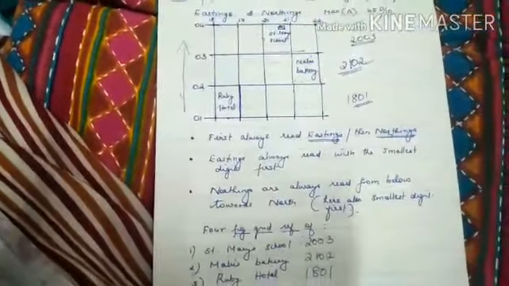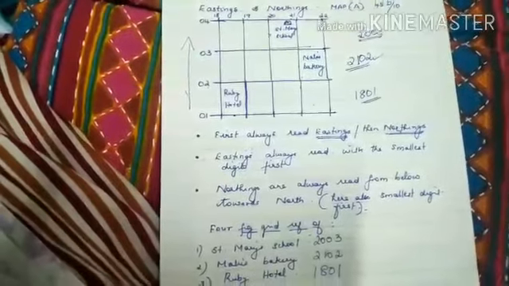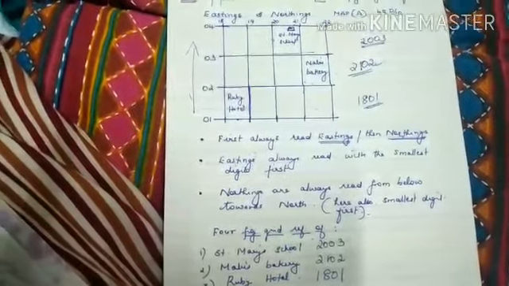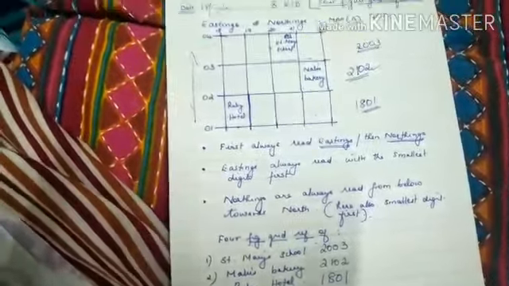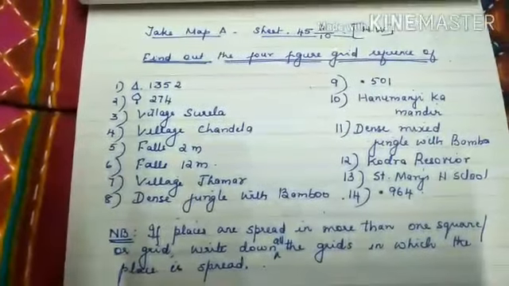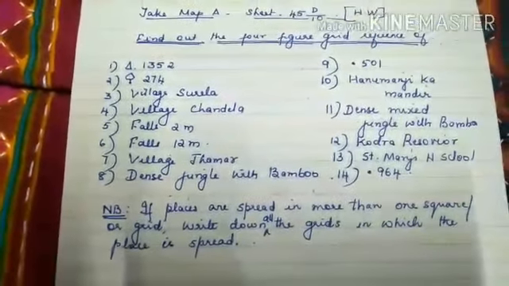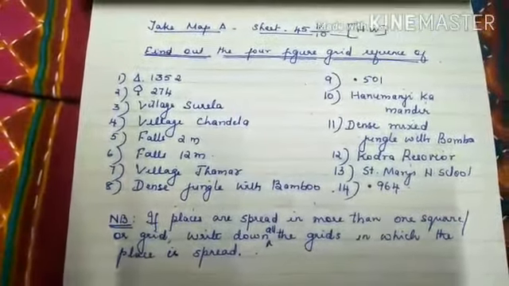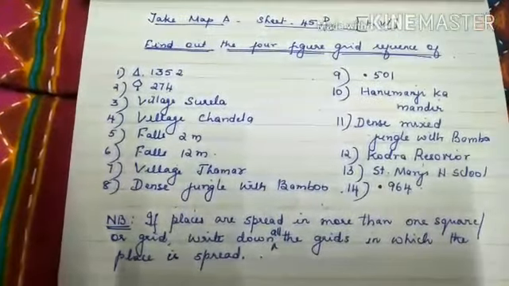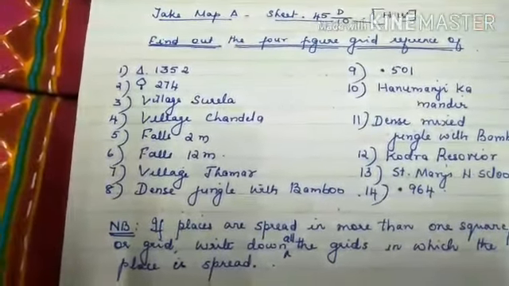So I am giving you some homework here today so that you can do it for the next class, online class we will discuss. So you will take down this question. Take map A, sheet 45 D10 homework.